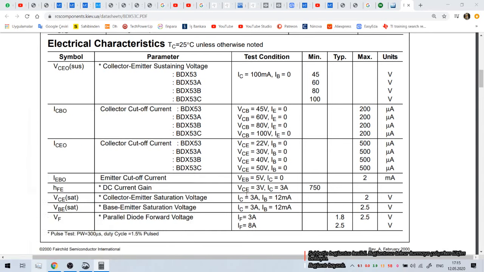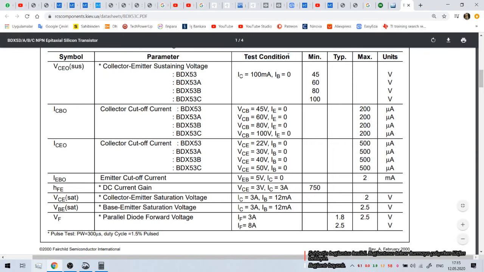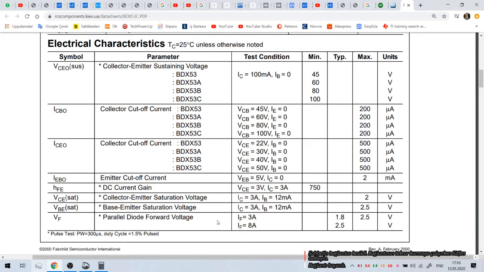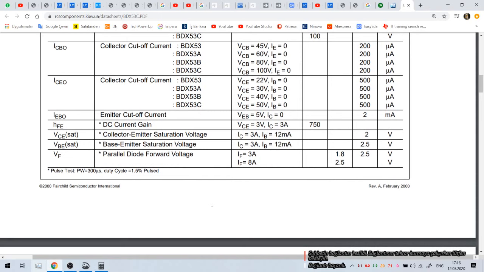Maybe they limit it. I don't know. Maybe yes, it's a test condition, because DC current gain is much higher than this. IC current, all of them 3 amp. Yes, this is 8 amp only. Yes, I'm somewhat confused about this.